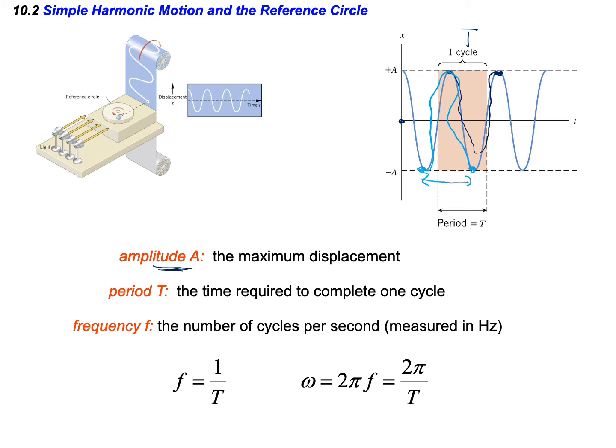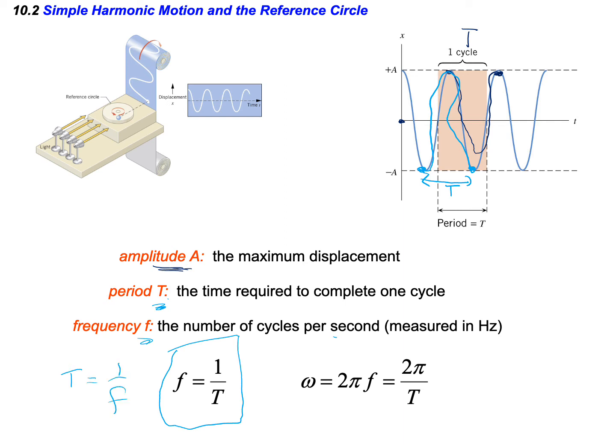Time required for one cycle is the period. You use uppercase T for period. And frequency is the number of cycles per second. There is a relationship between period and frequency: 1 over T is frequency, or T is 1 over frequency.